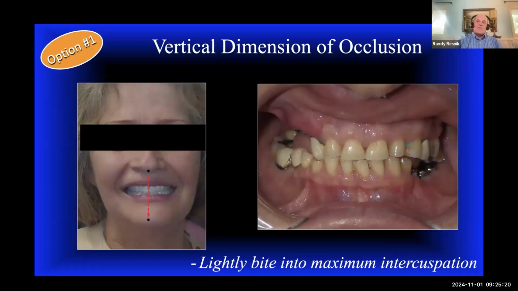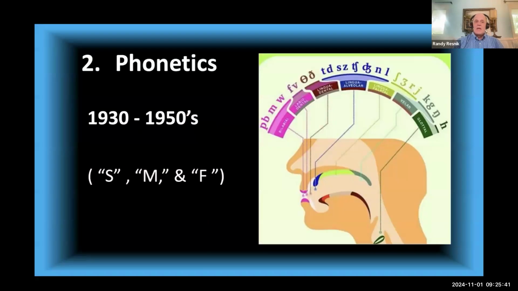The easy one is vertical dimension of occlusion. All we do is we have the patient bite into maximum intercuspation. So basically, we have them bite, we have an eccentric stop, and it's very, very easy to measure. So vertical dimension of occlusion is a lot easier to determine than vertical dimension of rest.